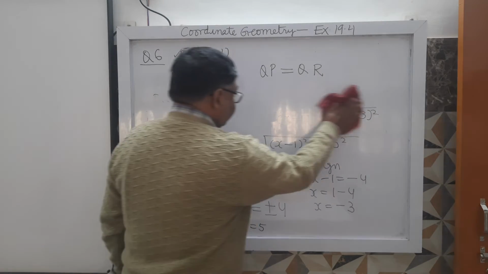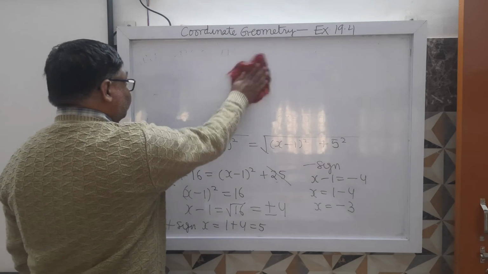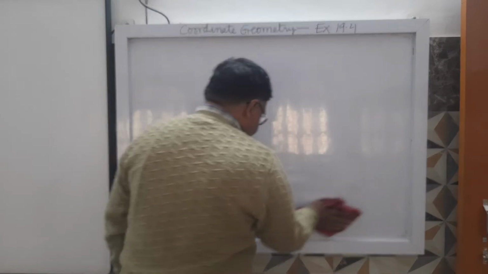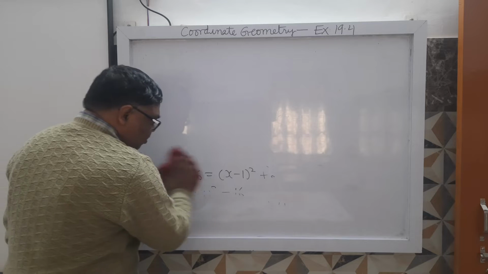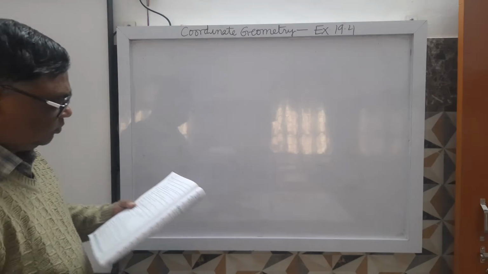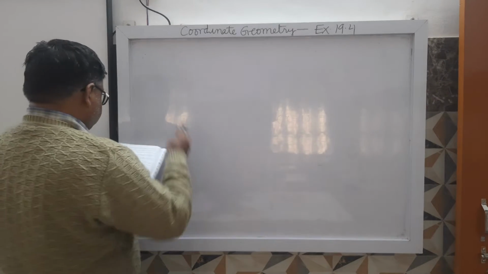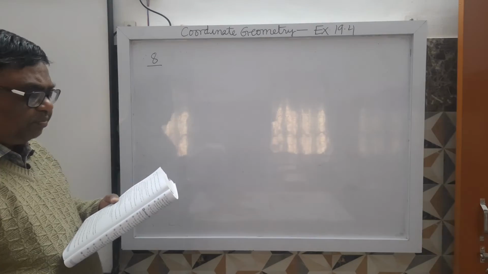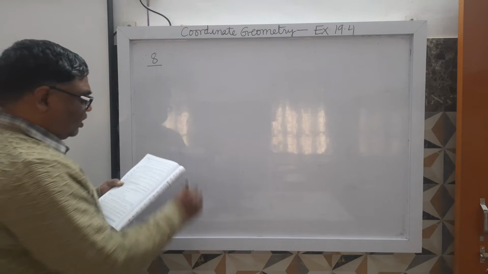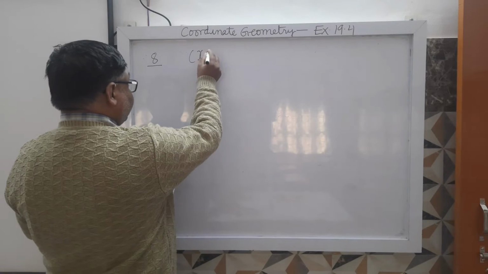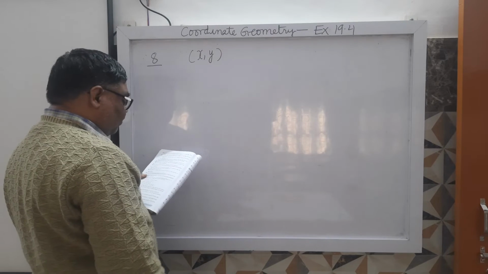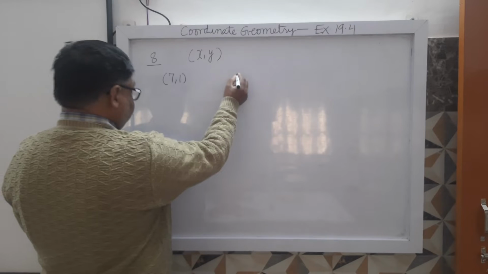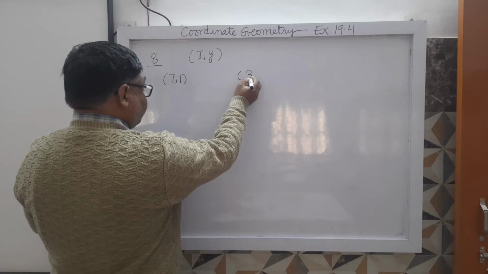This is also a very good question. Here you have to find the relation between x and y. It's clear? Question number 8: find the relation between x and y such that the point x comma y is equidistant from the points 7 comma 1 and 3 comma 5.